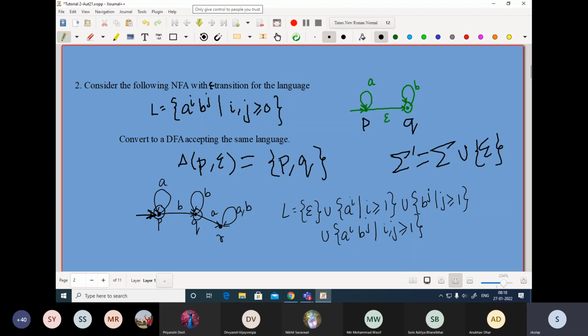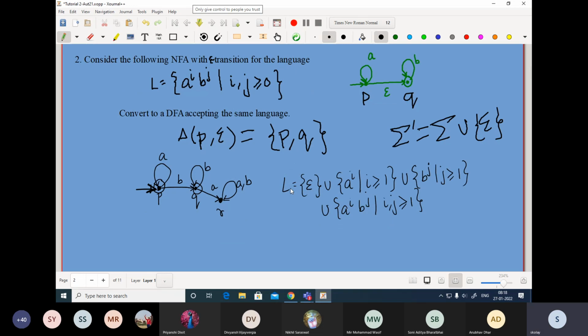So epsilon is accepted at P, a to the i is accepted at P, b to the j is accepted at Q, and a to the i, b to the j is accepted at Q. Anything else will go to the sink state R. Yeah, I think this is fine.